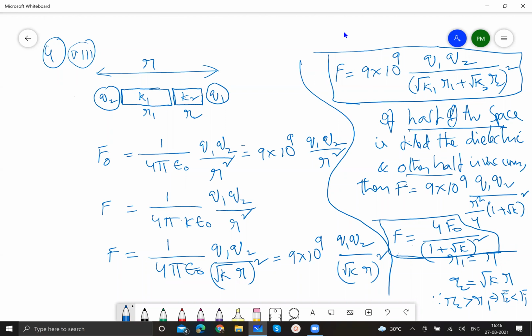This is composite dielectric slab. You can do problems based on this.